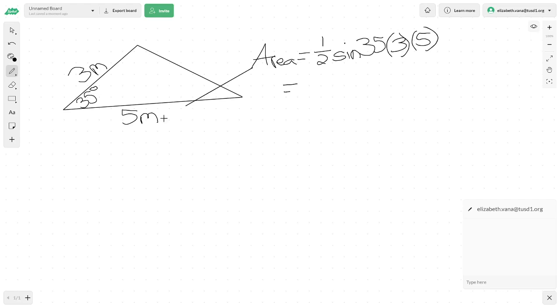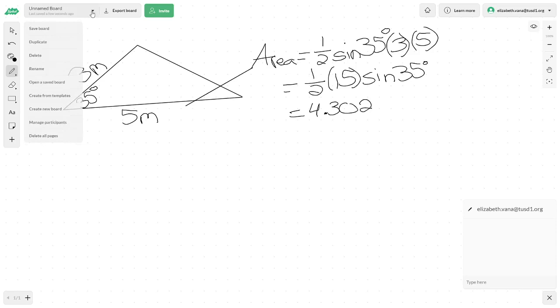So my area is going to equal 1/2 times 15 times sine of 35 degrees. Once we plug that into our calculator, making sure we're in degree mode and not radian mode, we get 4.302. So that's how you would use it to find the area of a triangle using trig.